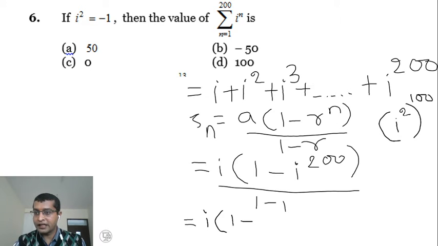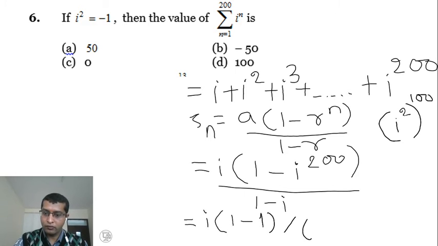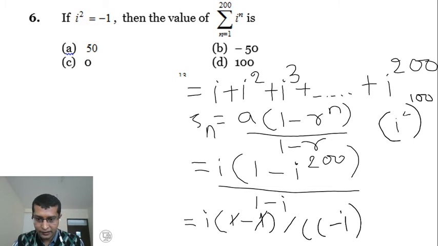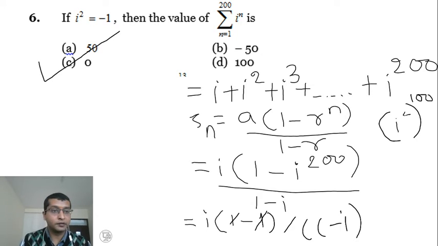So i square is minus 1 raised to 100, so we get plus 1, plus into minus, so 1 minus 1 whole divided by 1 minus i. So we observe that plus 1 minus 1 is going to cancel, so 0 divided by 1 minus i, so we get the answer as 0. Therefore option C is the right option.